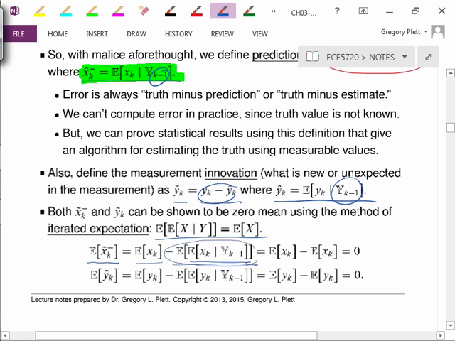This, by iterated expectation, expected value of x given y is just expected value of x. So this whole thing is expected value of x minus expected value of x equals 0. Same thing for y. So if I use these definitions for my prediction of the state and my innovation, and similarly the estimate of the state, all of these quantities are going to be zero mean quantities.